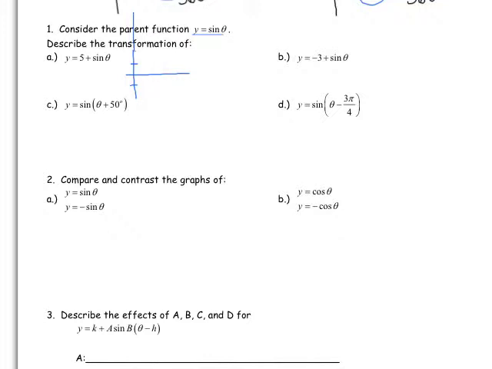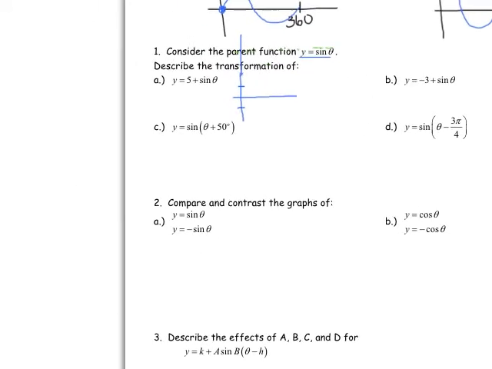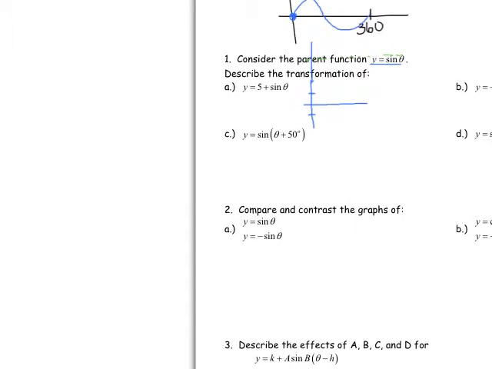So instead of this being my sinusoidal axis, it's going to be at, let me change colors, 5. Let me move this over to the side. Alright, so this is our parent function, where this is 1 and this is negative 1. This is my sinusoidal axis here.